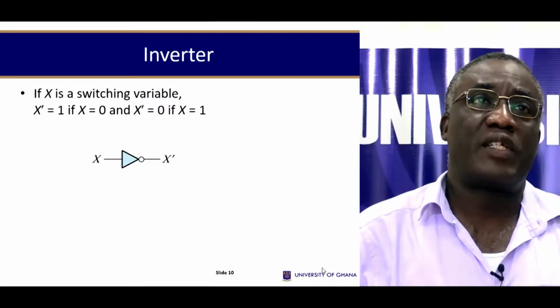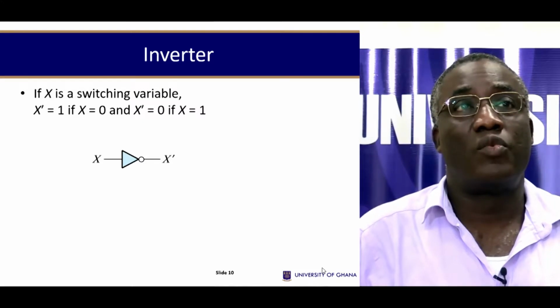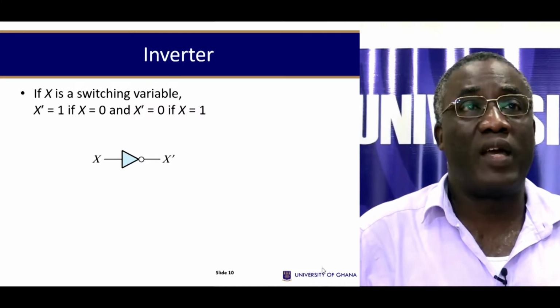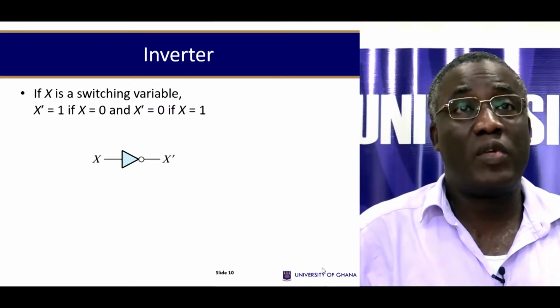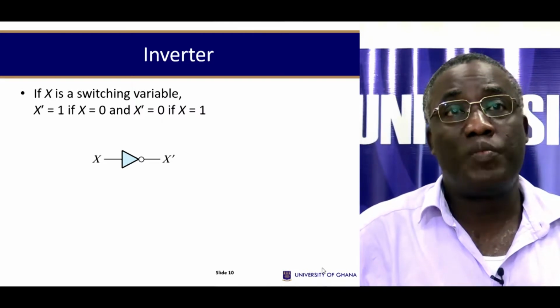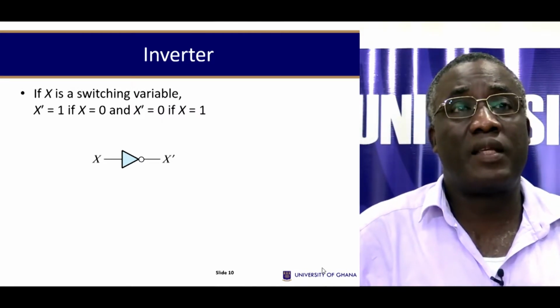Now, if you have a variable, let's say x, and it's a switching variable, the complement of x is 1 if x is 0, and the complement of x will be 0 if x is 1. And this will be a basic inverter, something that inverts something.